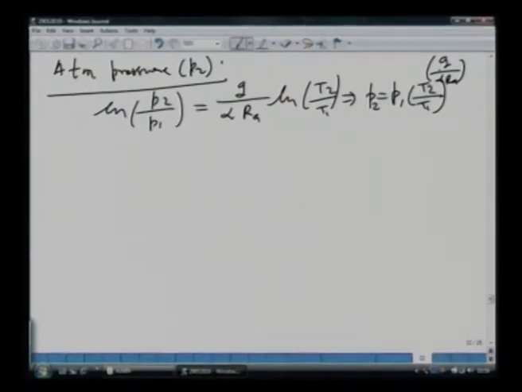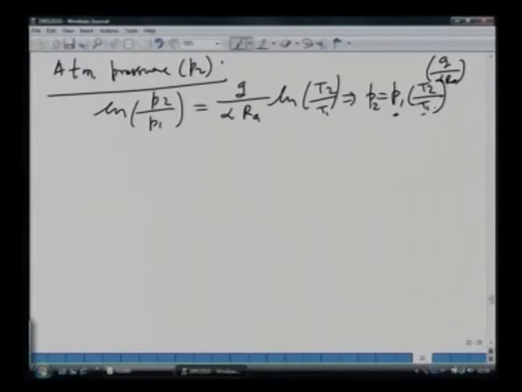Now, if you see the right hand side, we know P1, we know T1, G is the constant acceleration due to gravity, alpha is known, R A is known. The only unknown is the temperature at a height of 1.5 kilometers, which we can find out using the lapse rate again. So, the air temperature at a height of 1500 meters is this minus alpha times Z2 minus Z1, same thing we did earlier.